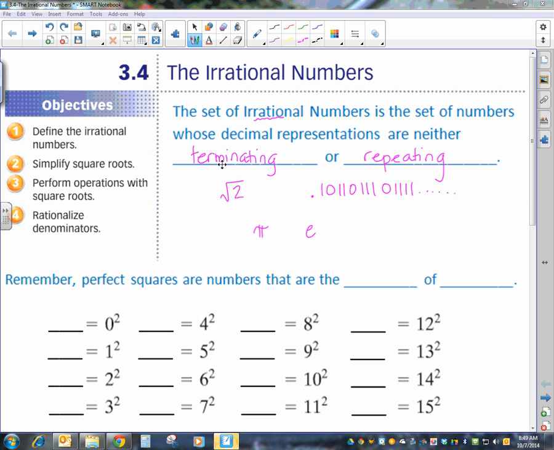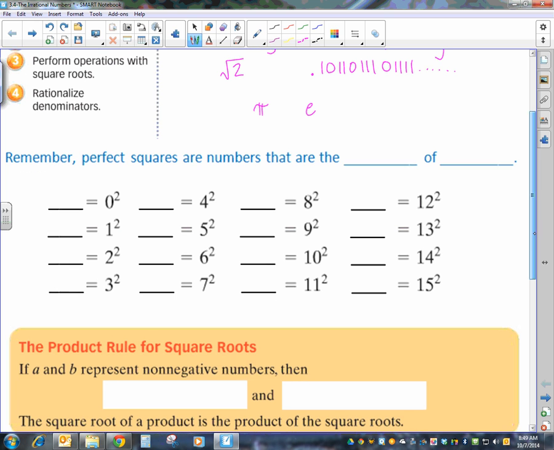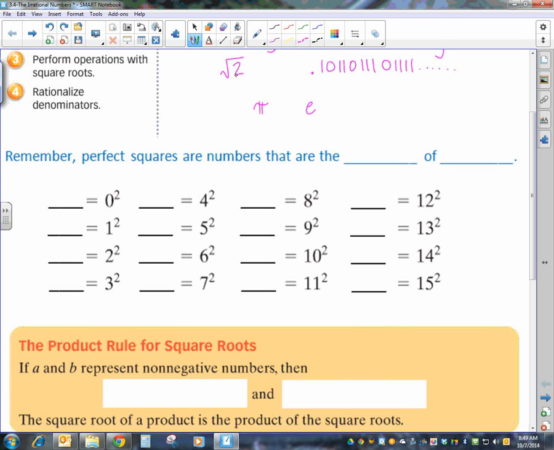So what we're going to work on today are simplifying radical numbers and operations with those. These radical numbers deal with perfect squares because that's how we come out of the radical. Remember that perfect squares are numbers that are squares of whole numbers.